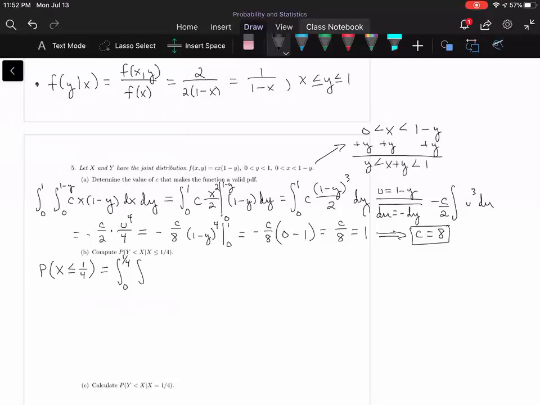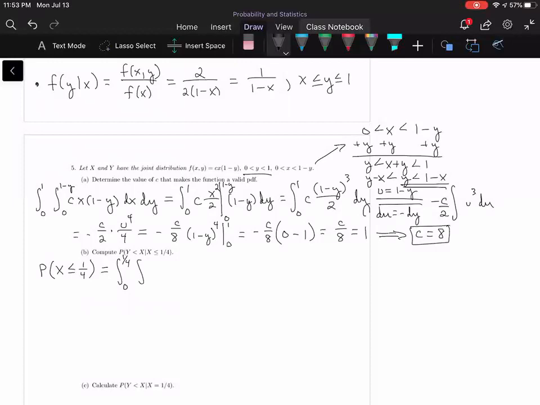And now when I subtract x, I have these as my bounds for y. And y, I know, goes from 0 to 1. That's from this part here. So this is going to be my upper bound part.